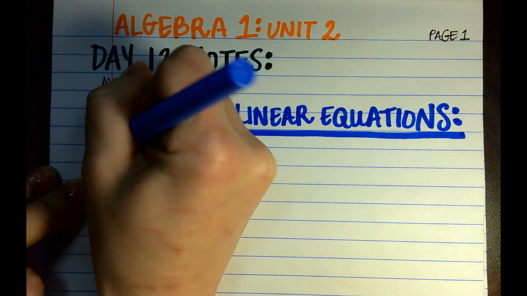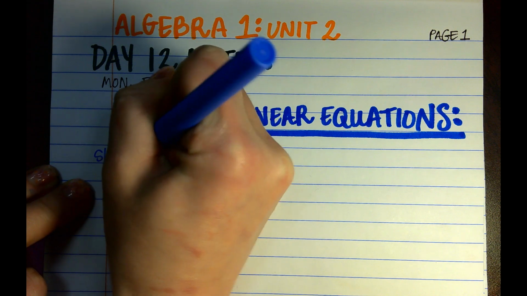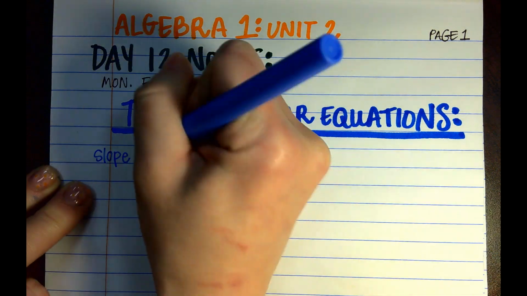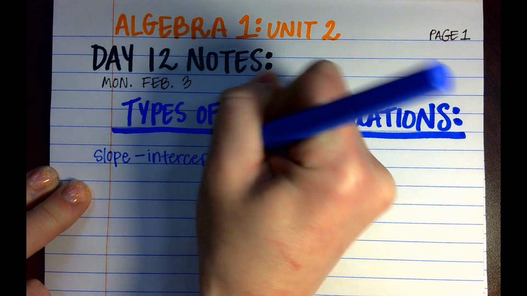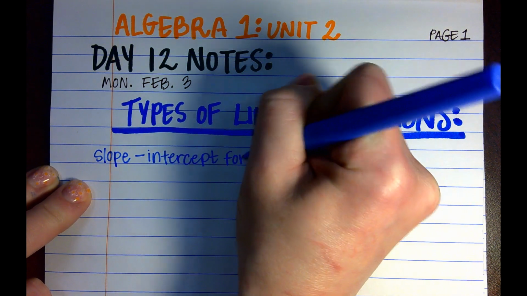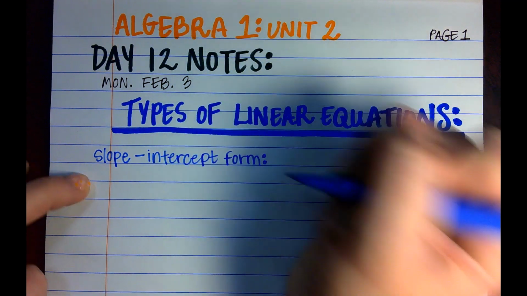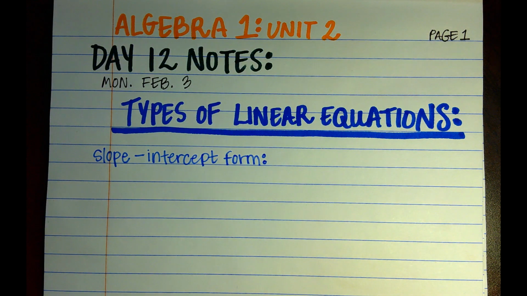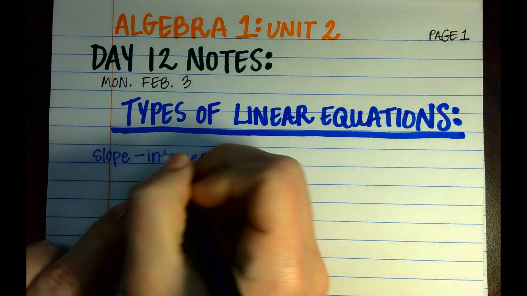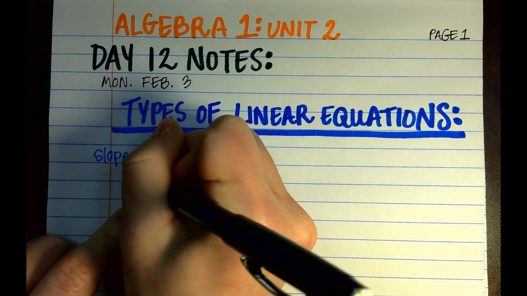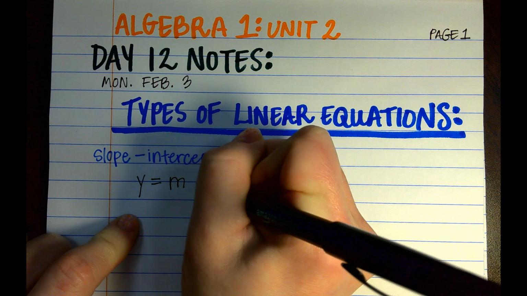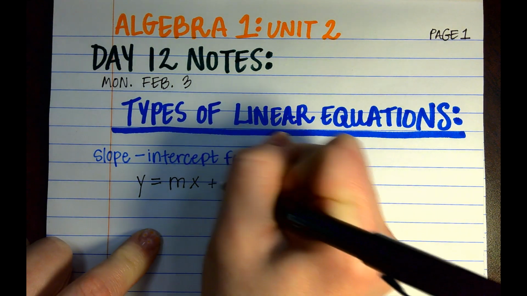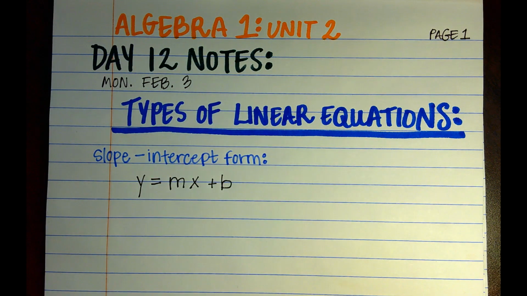This is slope-intercept form. Slope-intercept form is that y equals mx plus b.